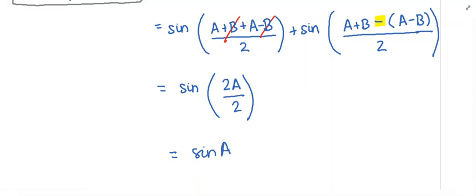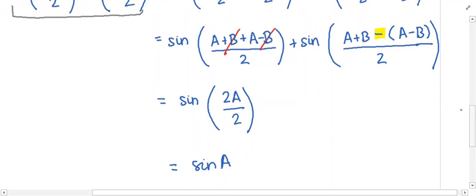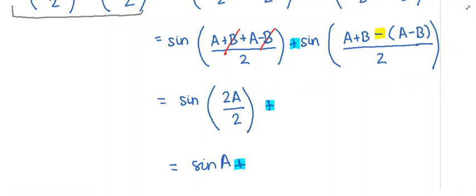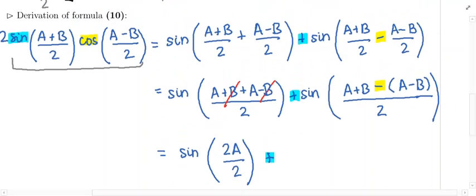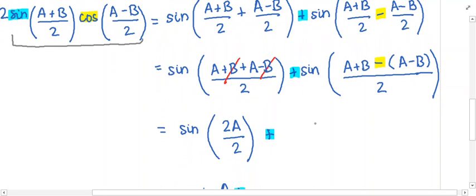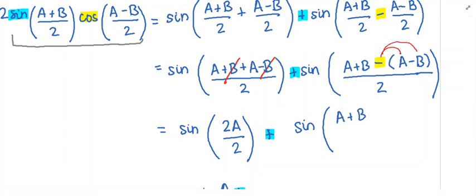I have my plus sign in the middle. Let me color code that so you can see where that has been and where it's going. Now we move to the other sine. In the numerator we have a plus b. You have to distribute the negative sign. This is going to be minus a plus b.